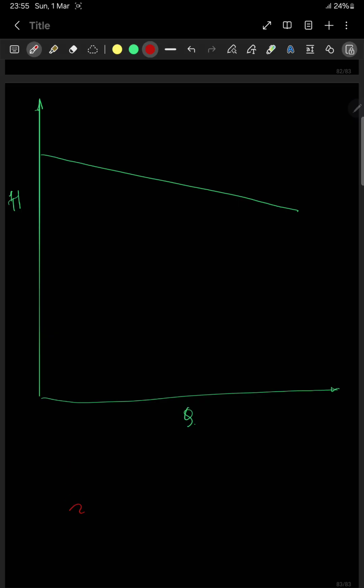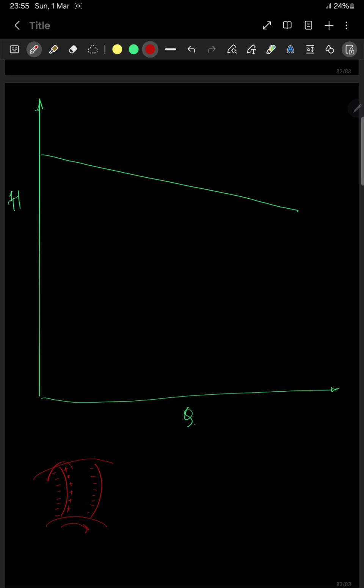Now this is the impeller. This moves in this direction. Then we have positive pressure in this direction and negative in this direction. So positive in the front end of the blade and negative in the rear end of the blade.